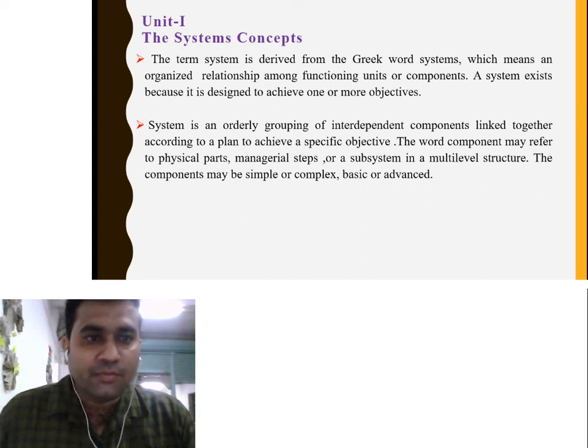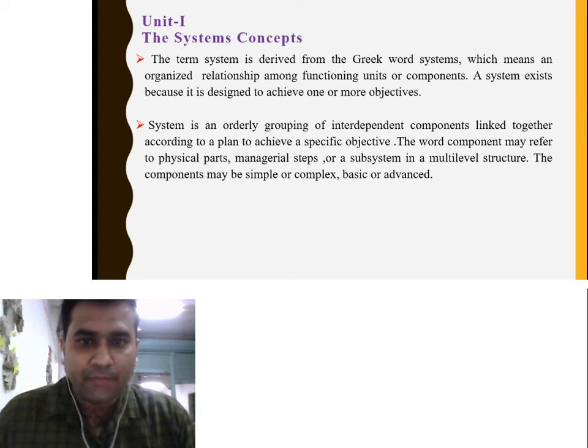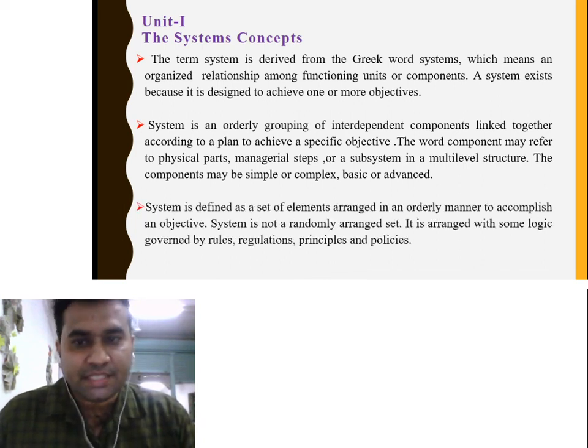The word component may refer to a physical part, manager, step, or subsystem in a multi-level structure, and a component may be simple or complex, basic or advanced. A system is defined as a set of elements arranged in an orderly manner to accomplish an objective.